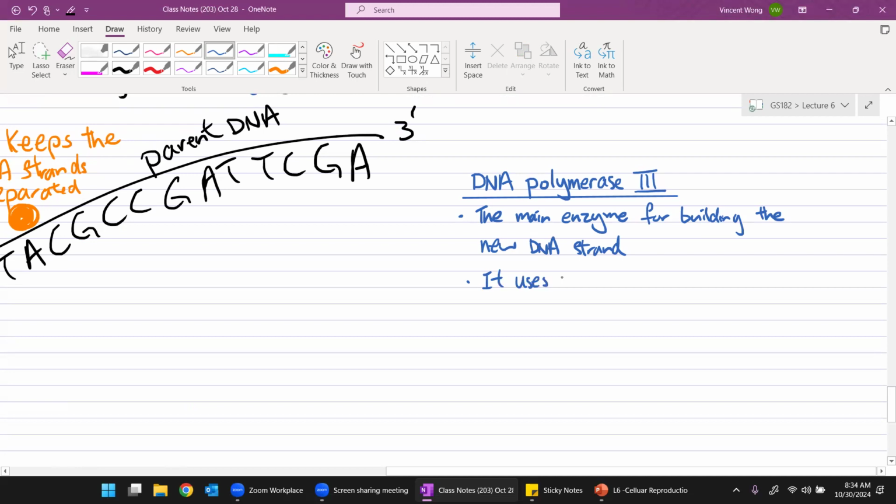It uses the parental DNA as a template to build the complementary strand.